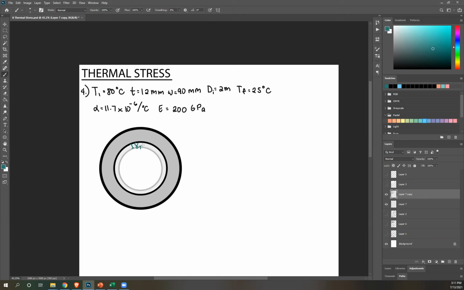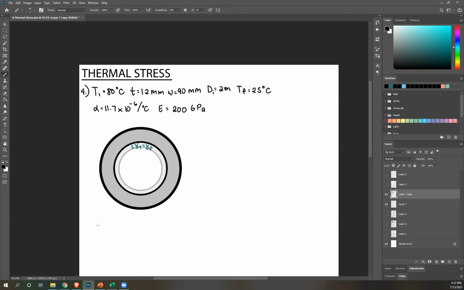And then the next step after that is to apply the force necessary to bring it back to its original position. So meaning this is also to bring it back, okay, you'll apply a force outward, right? And then this edge will go back here. So that means deformation due to temperature is equal to deformation due to applied force.